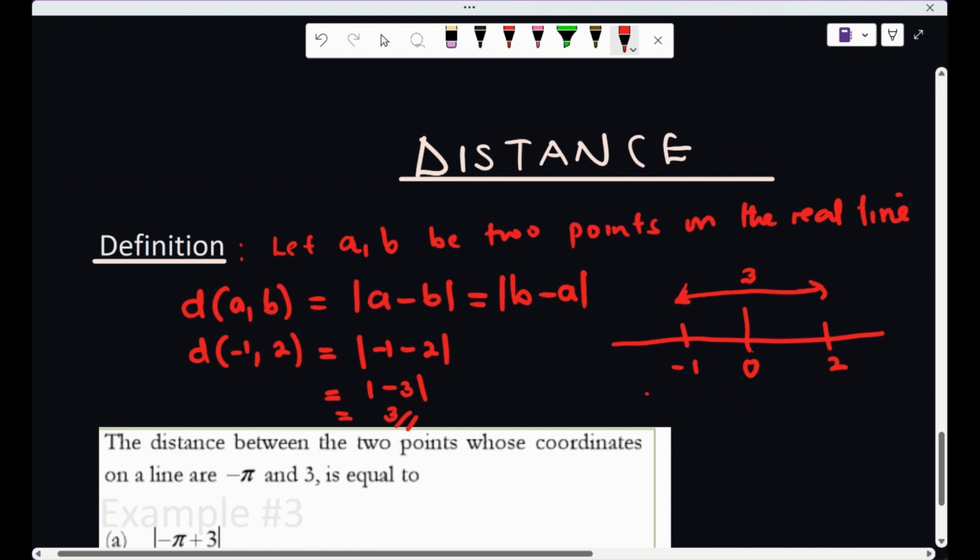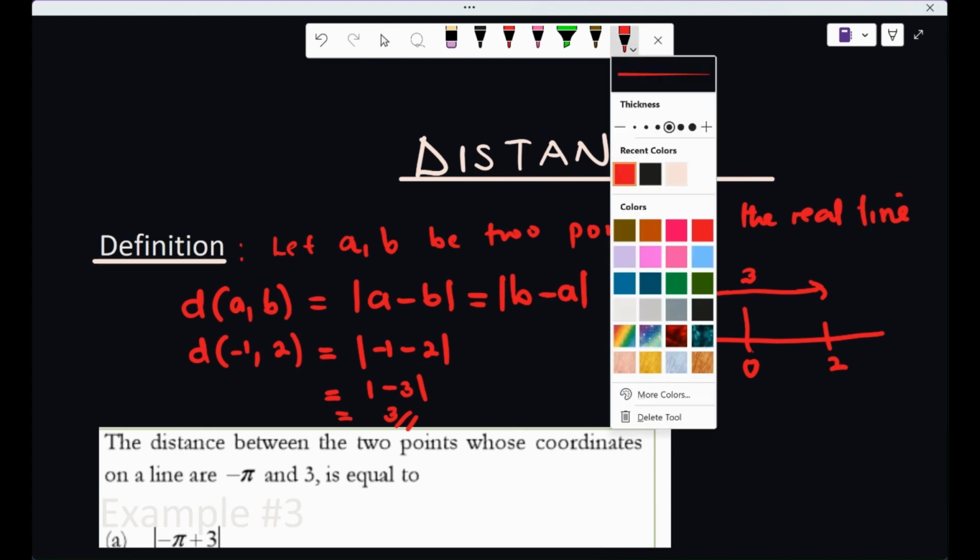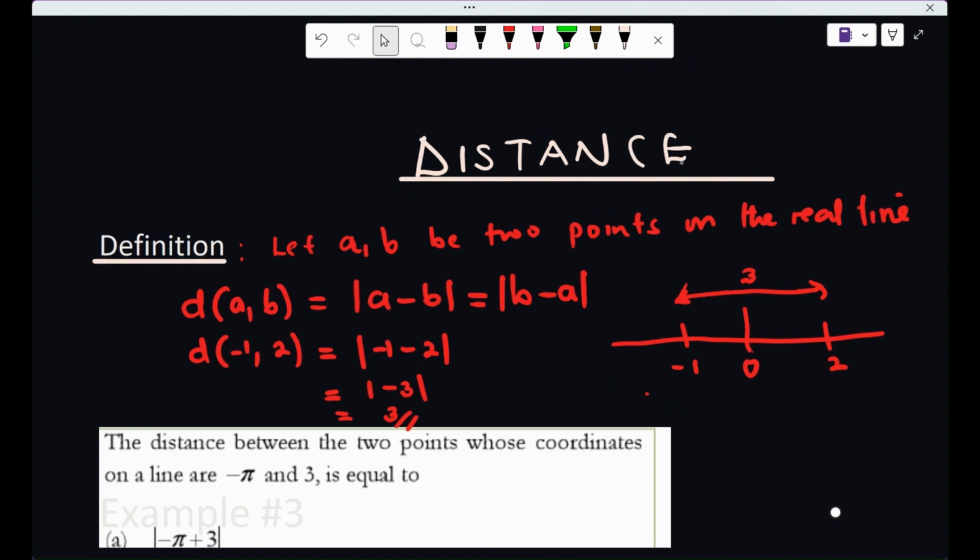Or if we use the other definition, that is B minus A. If we use B minus A, it means that B is 2. So it would be 2 minus -1, right?